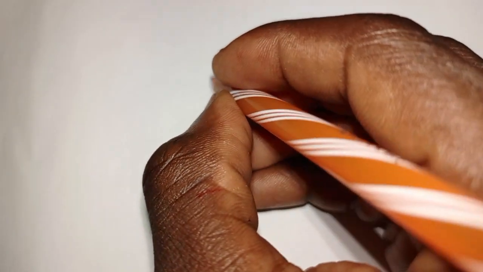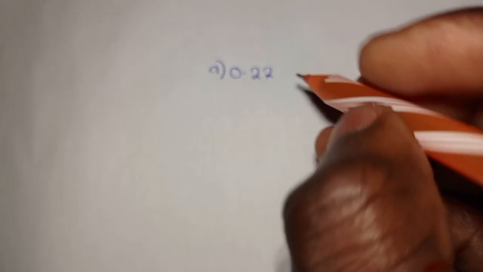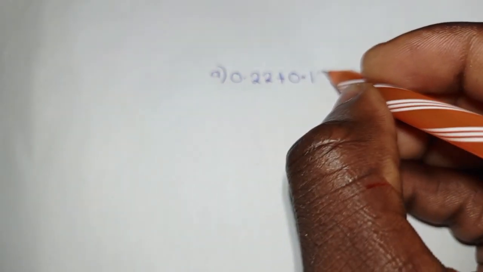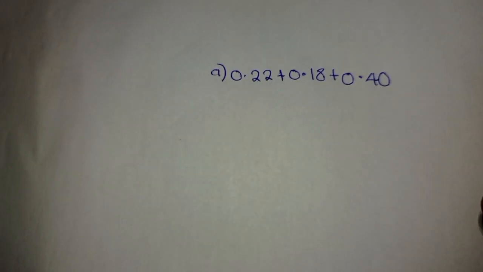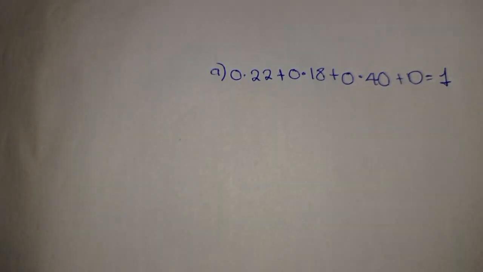Remember that the relative frequency of class A is 0.22. The relative frequency of class B is 0.18, and that of class C is 0.40, and that of D is D itself, and these are equal to 1.